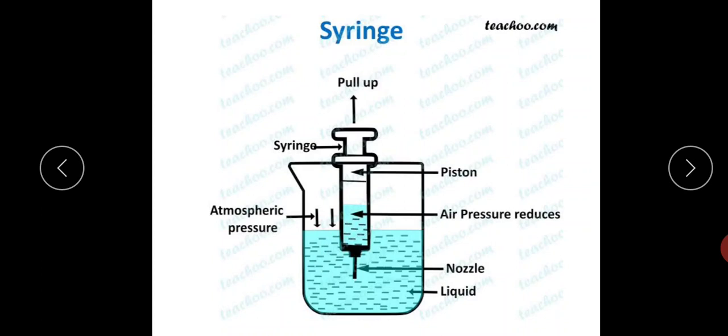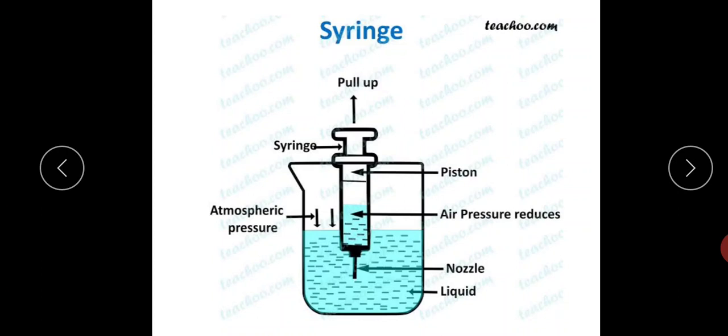We know that our body also contains certain gases inside us. These gases exert certain pressure from inside on our body, and there is also an outside pressure exerted on our body.